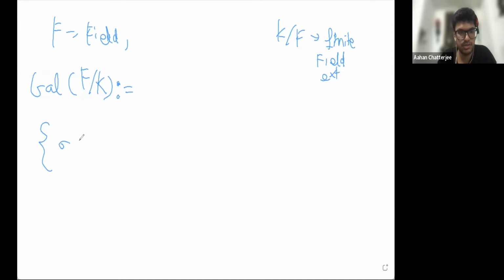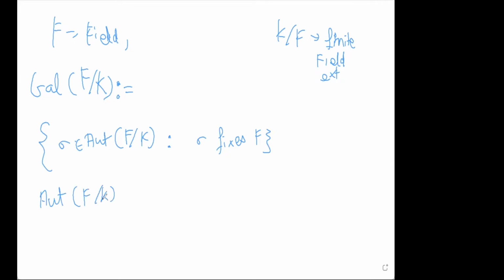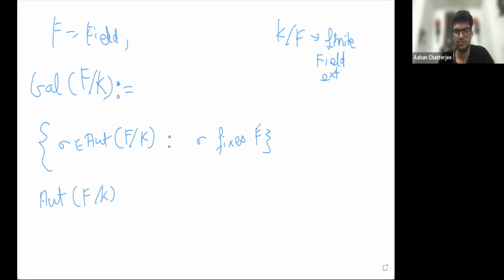So basically, the set of automorphisms sigma in Aut(K) such that sigma fixes F. So what are automorphisms?